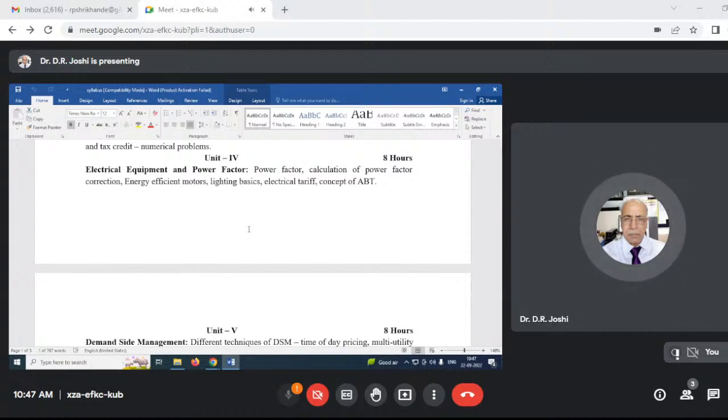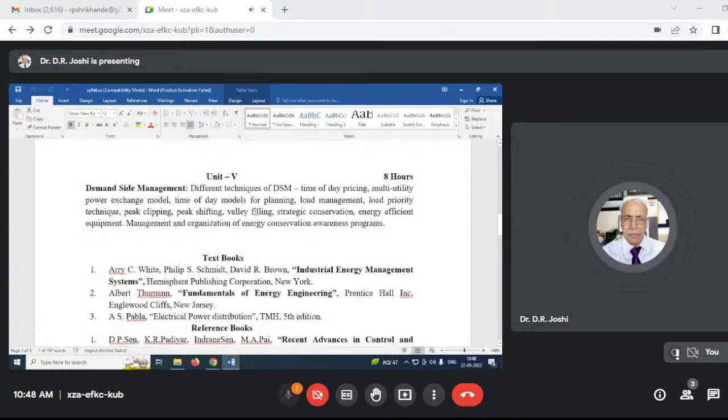However, we are computing the power factor, the overall power factor or individual machine power factor, the calculation of power factor correction, how to use energy efficient motors, and the lighting basics are also there. And finally we come to the tariff, and the concept of availability based tariff, ABT. In Unit 4 we have numerical problems as well as theory.